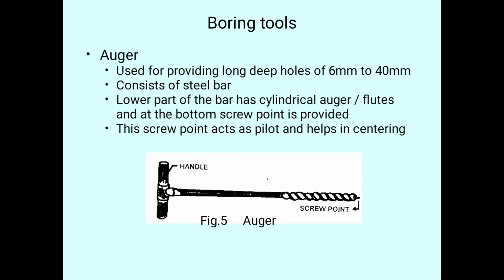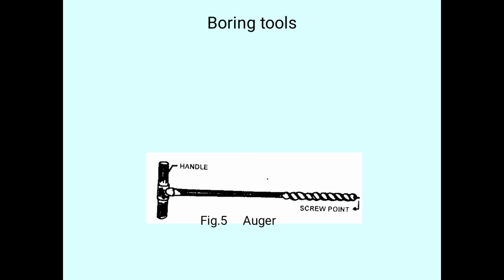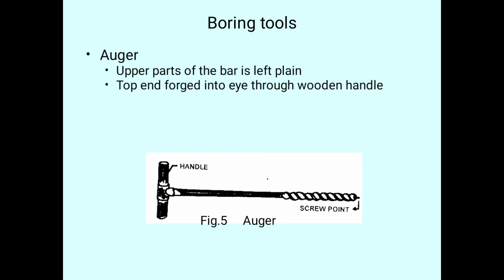Next, the screw point acts as a pivot and helps in centering. That is the purpose of the auger. Also the upper part of the bar is left plain. The top end is forged into the eye of the wooden handle.